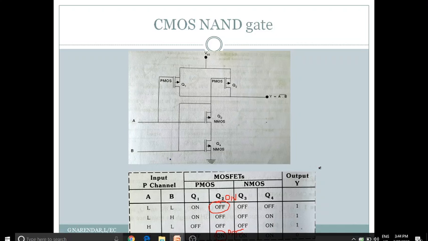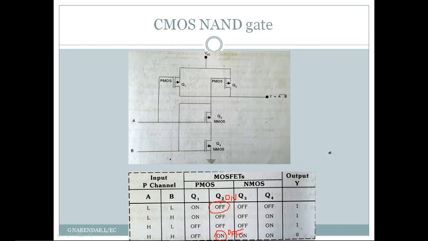So you can see that the output of this circuit, that is Y, equals 0 only when both the inputs are high. And you can see that this is the NAND gate operation. So I say that this circuit implements the NAND gate function.